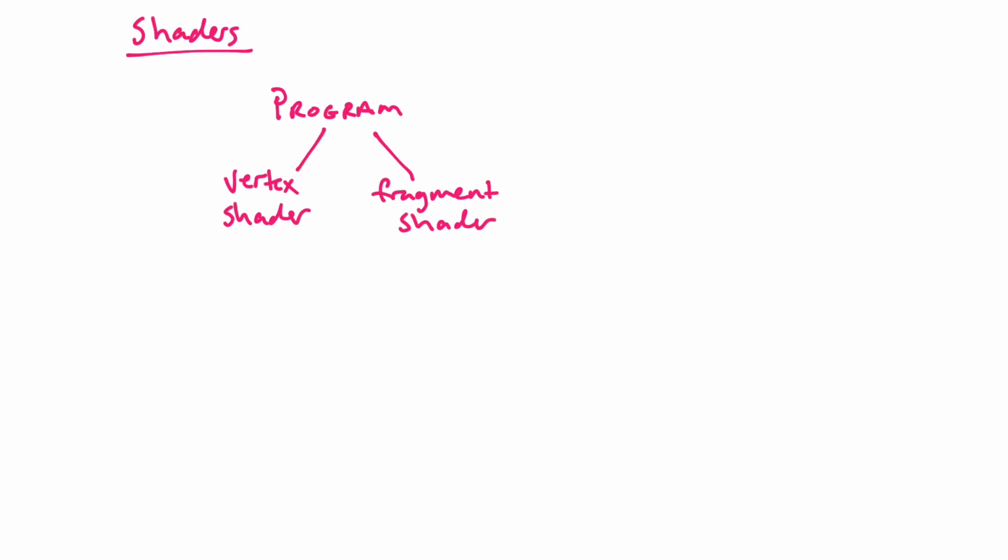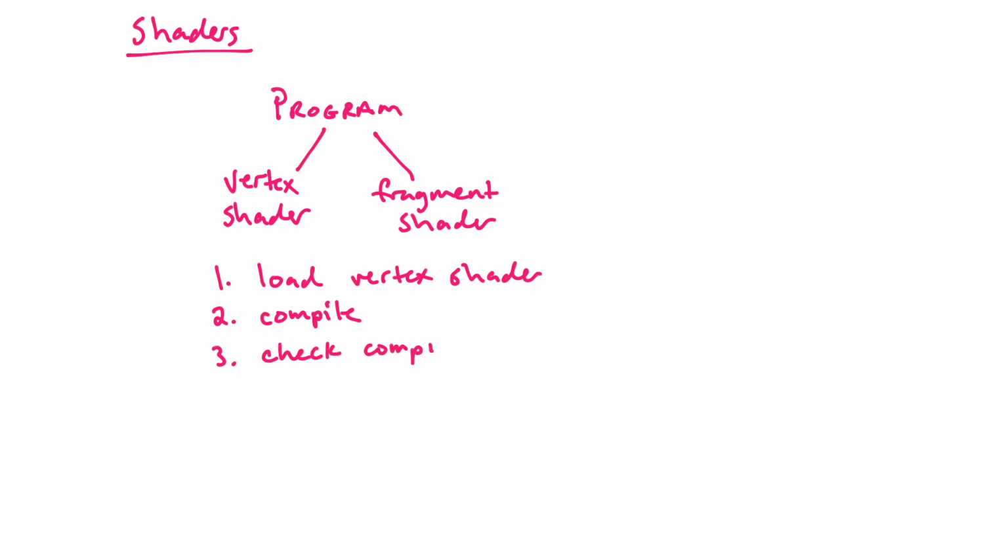And the process essentially is we need to load a vertex shader, or we can embed one in. Then we're going to compile it. Then we're going to check if it compiled, which is called checking the compile status. Then we're going to do the same thing: load a fragment shader, compile it, check status.